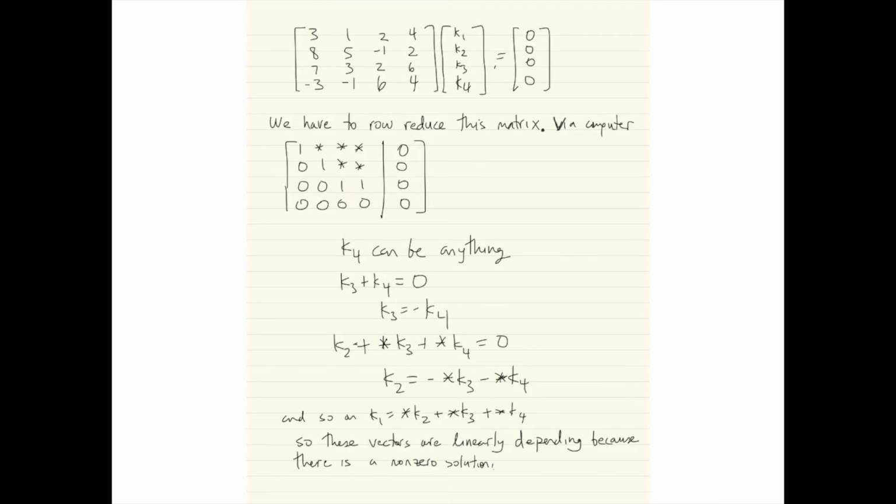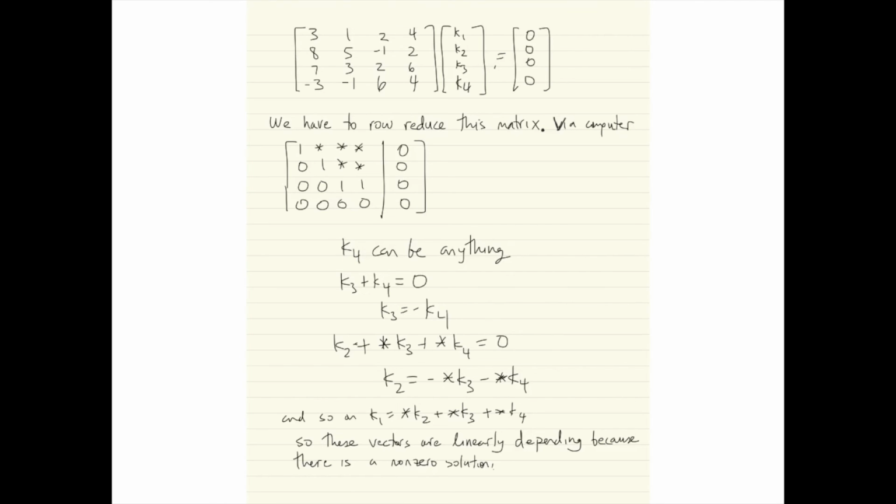Then this equation here says k3 plus k4 is equal to 0, and so that allows us to express k3 in terms of k4. This equation here will allow us to solve for k2 as some linear combination of k3 and k4, if I haven't completely reduced this matrix, and so on. k1 will be a linear combination of k2, k3 and k4, and so these vectors that were given to us were linearly dependent because there is a non-zero solution.